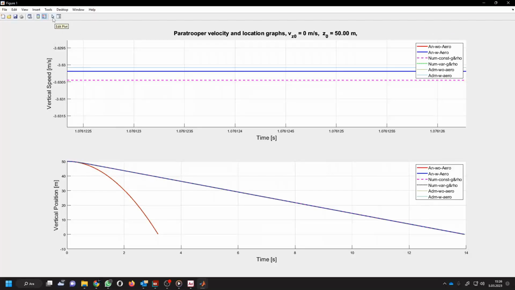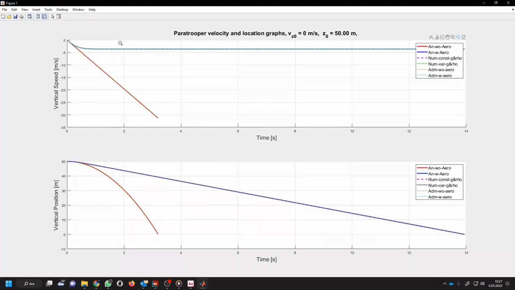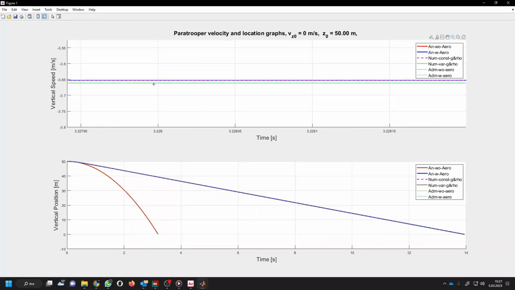If I had included the variable gravitational acceleration and the variable air density model in Adams somehow, it would be more like the solution in the green. Okay. So I'm satisfied with the solutions and I'm satisfied with my solvers being very close to Adams' solution.